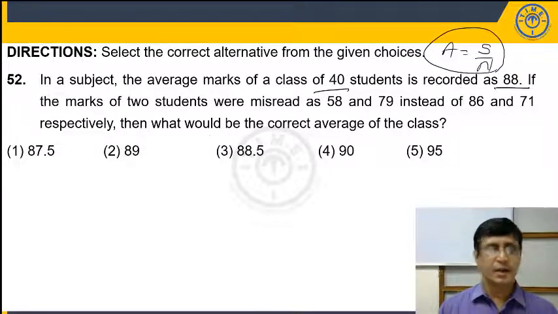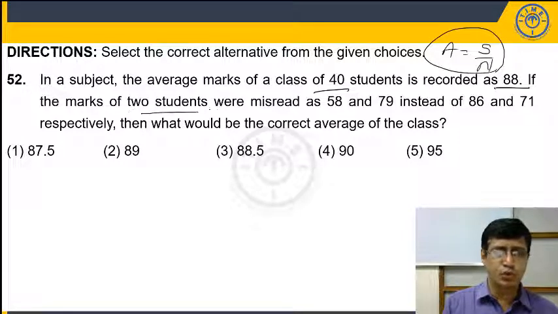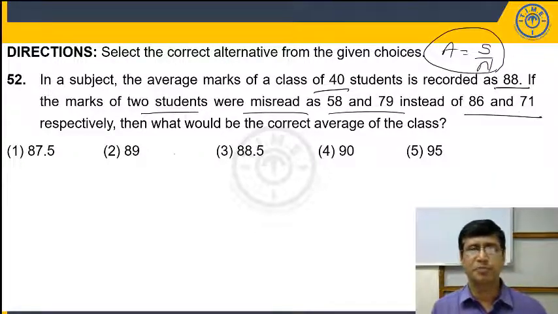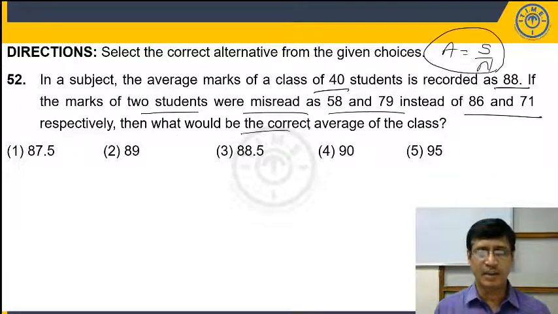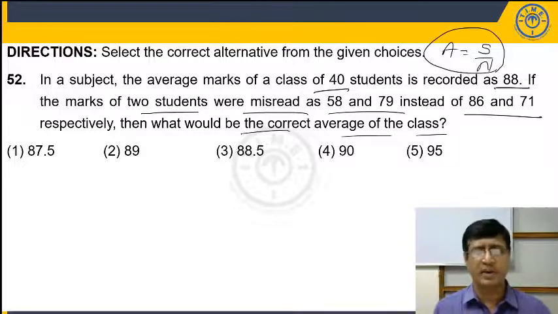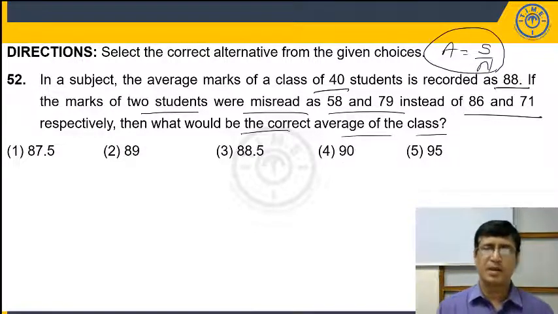Okay. If the marks of 2 students were misread as 58 and 79 instead of 86 and 71 respectively, then what would be the correct average of the class? My dear students, if you want to solve this question using the concept, going by concept, you will get the answer. But logically, you can answer this question in a few simple steps.